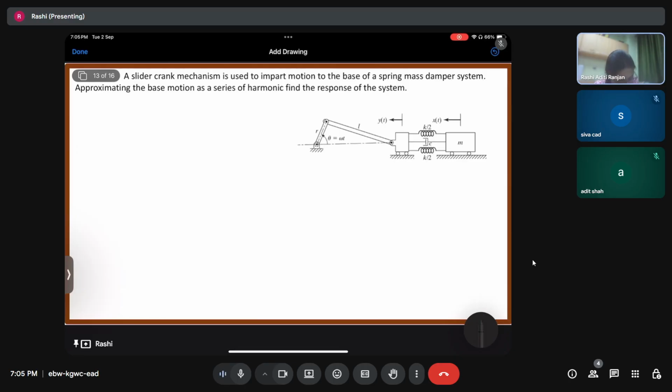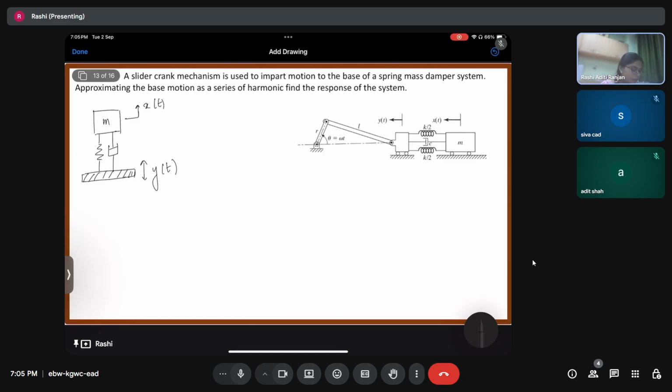So basically, our system is going to be of the form mass, spring, dashpot connected to a base which is getting excited. This is y, this is x, y of t.